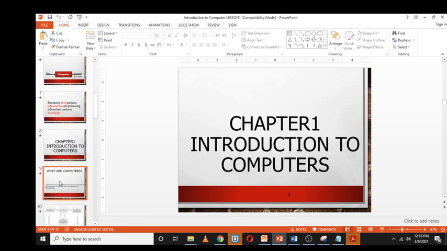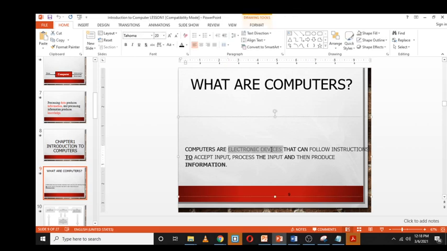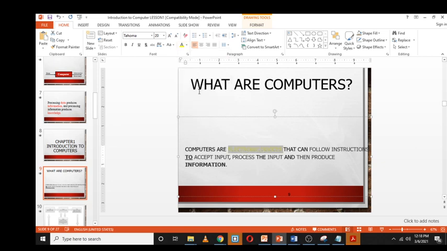Okay, now let's go and understand what a computer is. What is a computer? The first thing that you need to know is that a computer is an electronic device. It can be an electronic device, it can be a machine. All right, so it's all up to you.